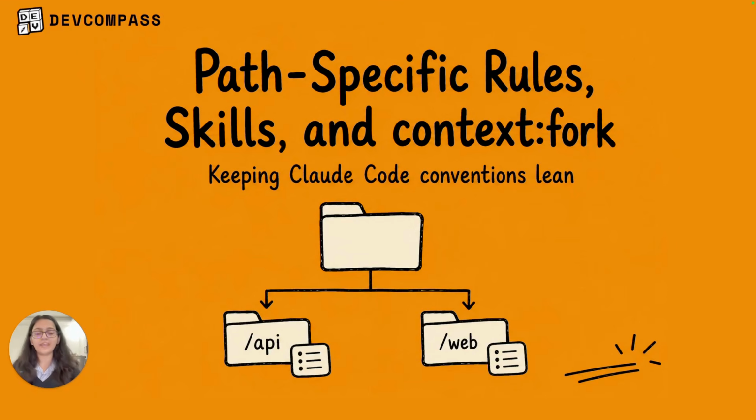And context: fork, the mechanism that lets Claude start a focused subsession without dragging the entire project context along. These 3 together are how you avoid the trap of a CLAUDE.md that becomes a 400-line document that nobody ever reads. So let's look into it.